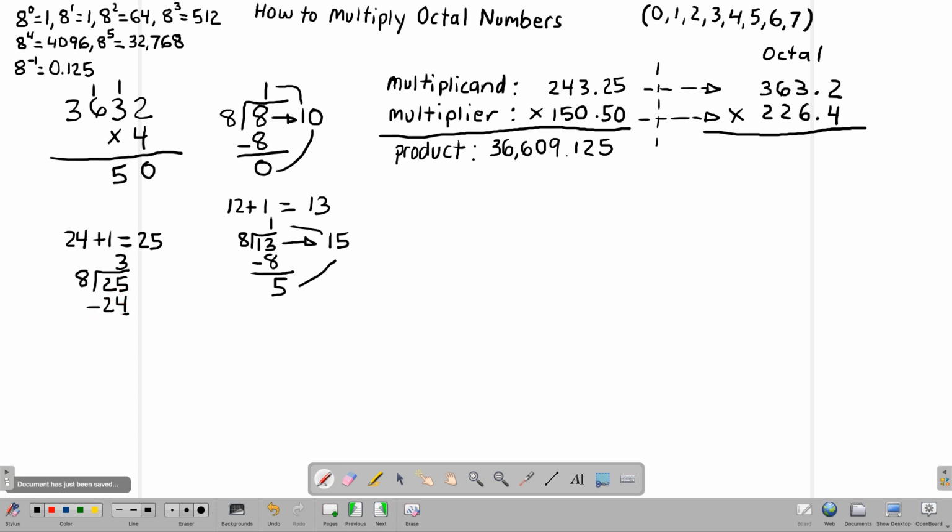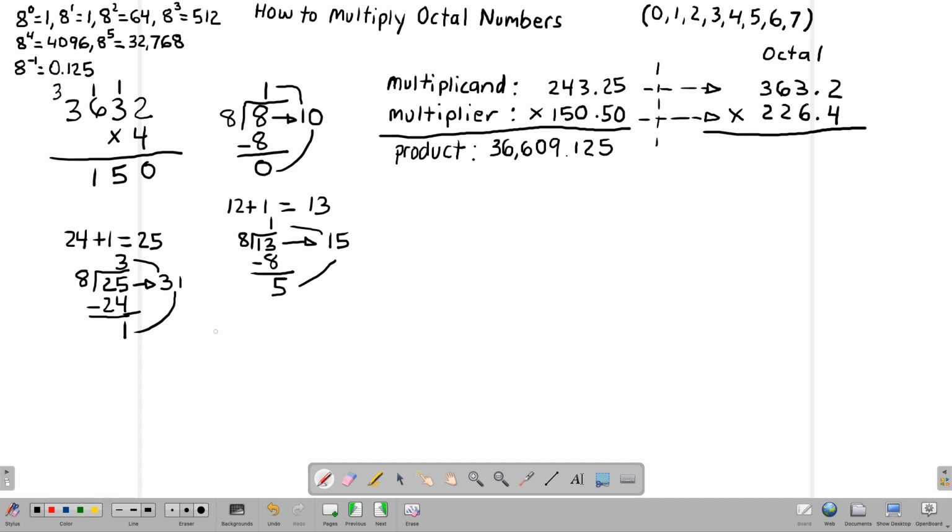We subtract 24 from 25, and we get the remainder of 1. So it says that 25 is represented in octal by the value 31. So 1 goes here, and the 3 is carried.